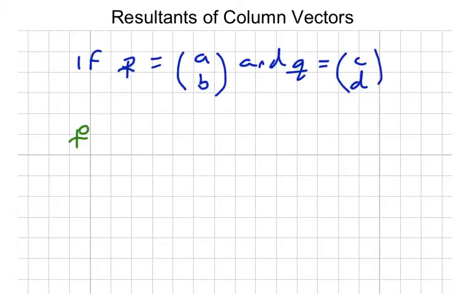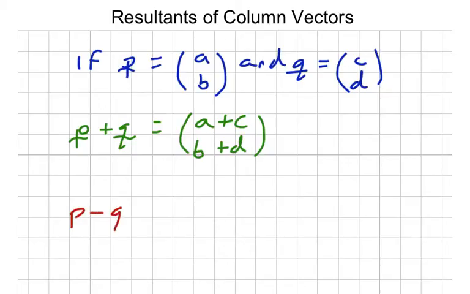We have P plus Q is equal to the column vector (a plus c, b plus d), so adding the two top numbers, adding the two bottom numbers within the vector, and P minus Q is equal to (a minus c, b minus d) in the same way. And that is all we have to do to add and subtract vectors that are given as column vectors.